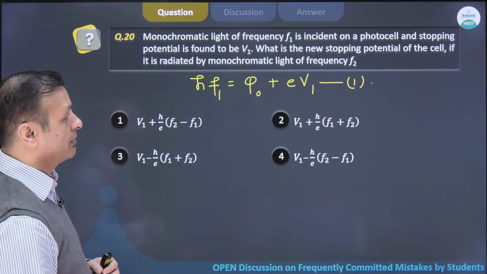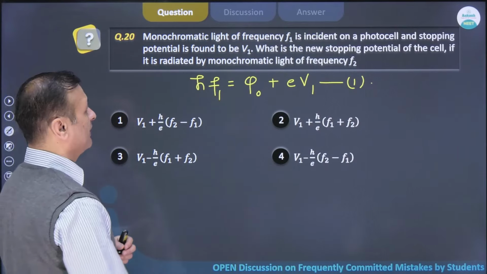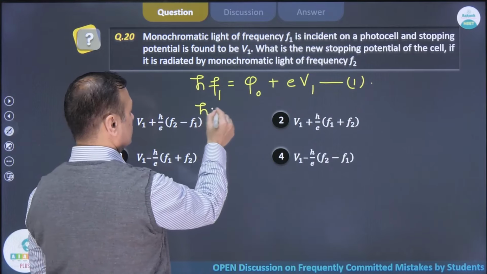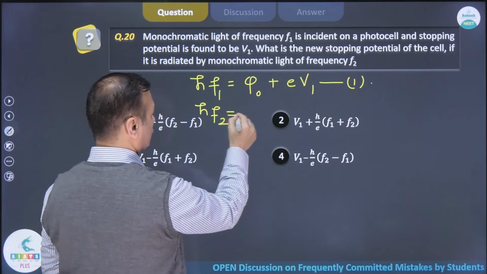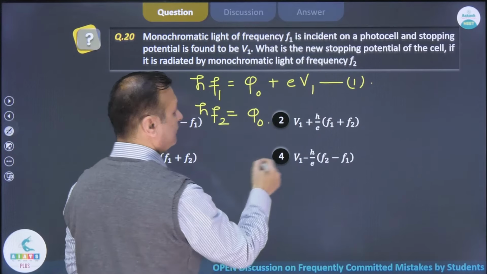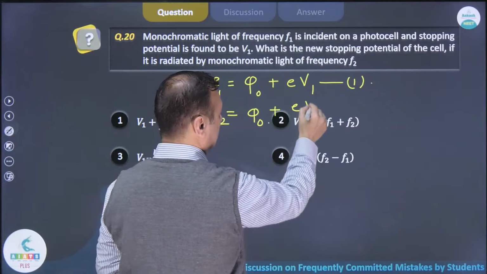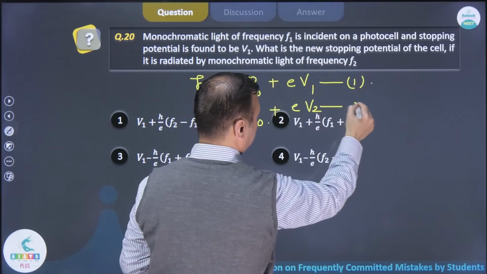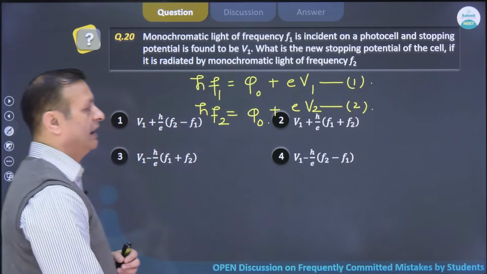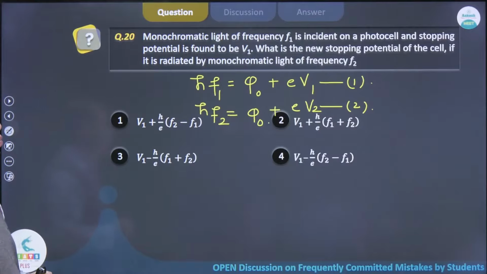What is the new stopping potential if it is radiated by a monochromatic light of frequency f2? So this is phi naught, the work function will remain same, and this is e times V2. This is the second equation, and we have to find out V2 only.